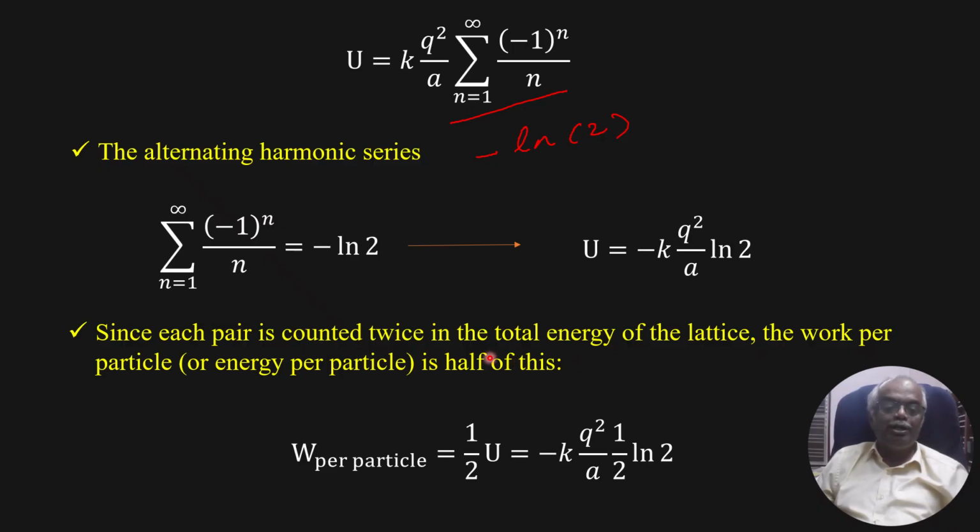So the work per particle, or energy per particle, is half of this potential energy, which is equal to minus kq squared over a, multiplied by half the natural logarithm of 2.